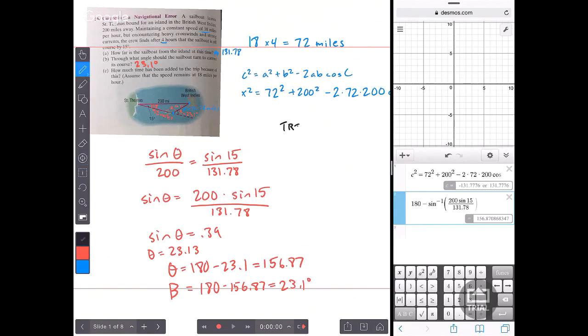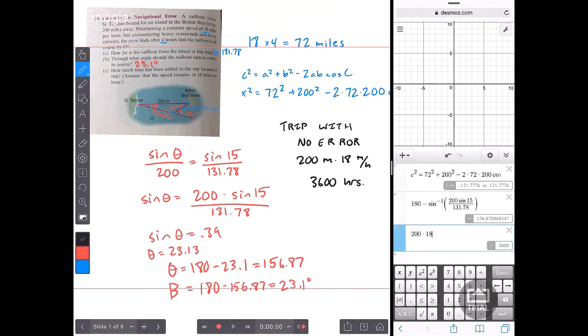The trip with no error, can't spell error, would have been 200 miles times 18 miles per hour, which would be 3,600 hours.